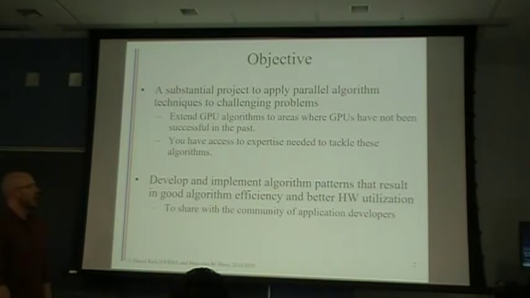So based on what you've learned in this class, I think you can take some of the algorithms and approaches that you've learned and apply it to some of these problems.